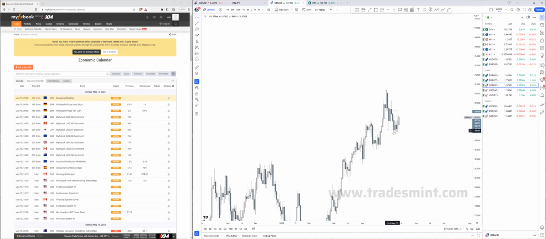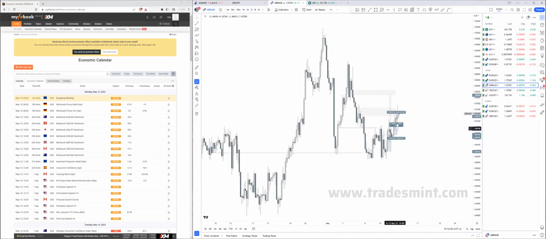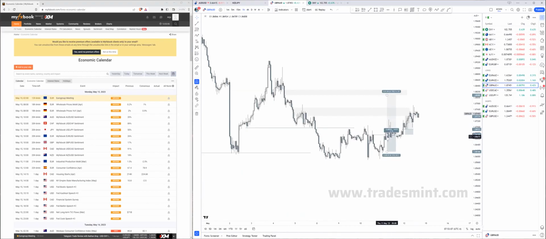So we came into a weekly PD array, and then we displaced away, and I could take an entry on the 1 hour because the price action and the news events are in harmony. And now the fun thing is, because of the news events, price action will likely already be in harmony because everything is based around news events. So the clean moves, the clean entries will be on days where we have news events.